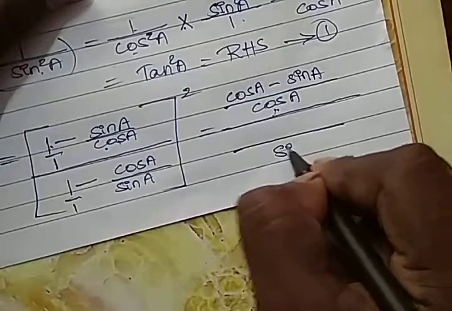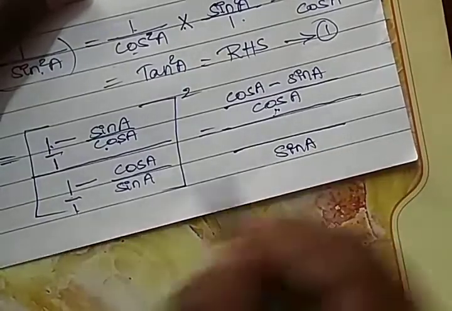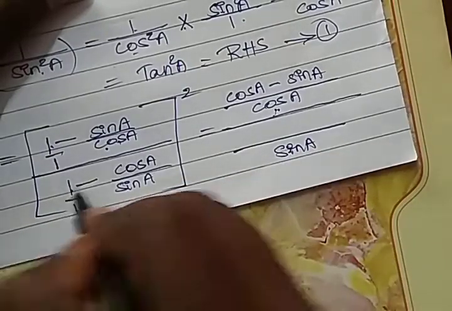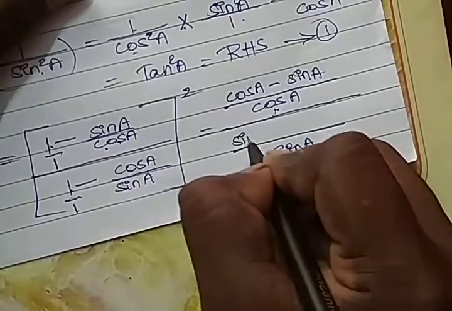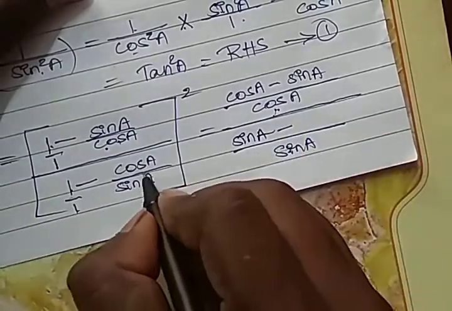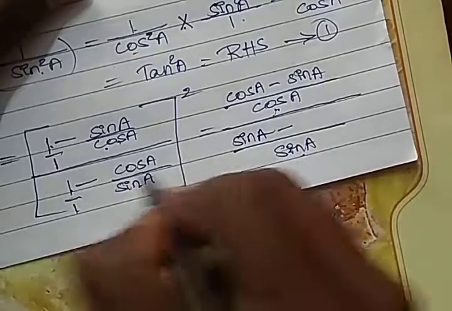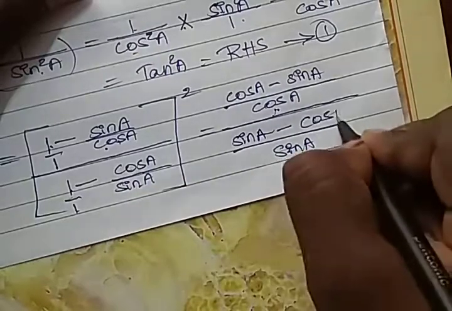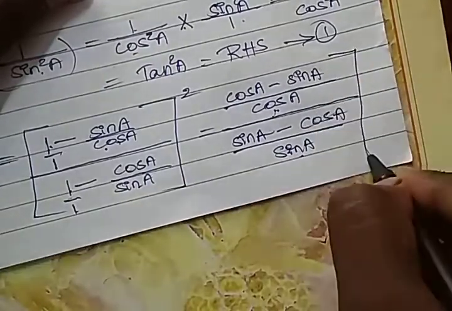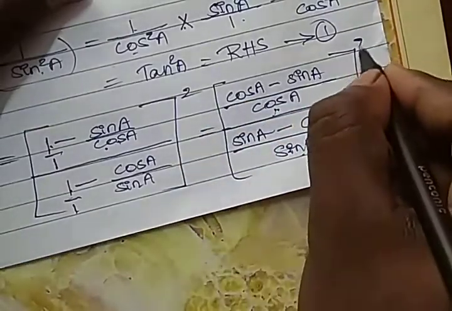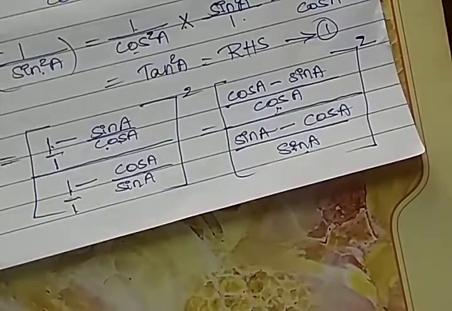Sin A will be LCM. 1 goes sin A times, sin A into 1, sin A, minus sin A goes 1 time, 1 into cos A is cos A, whole square. पूरे में स्क्वायर रहेगा.